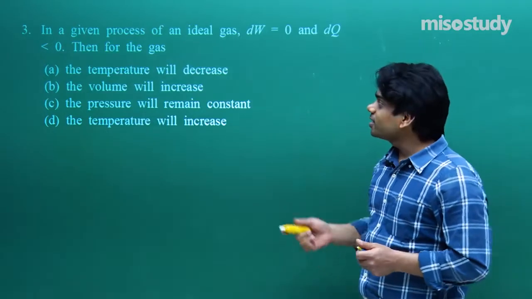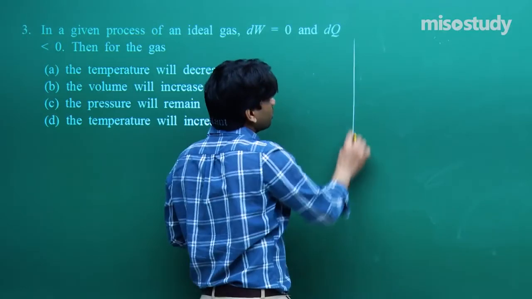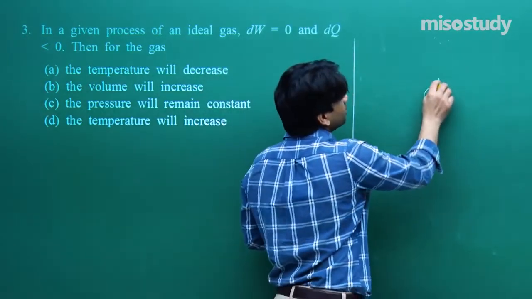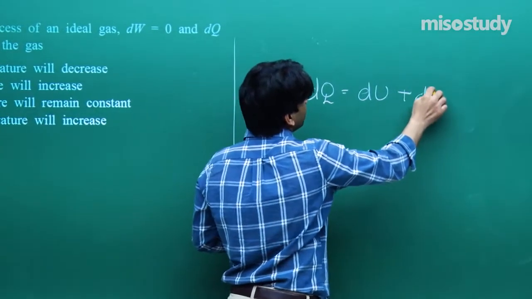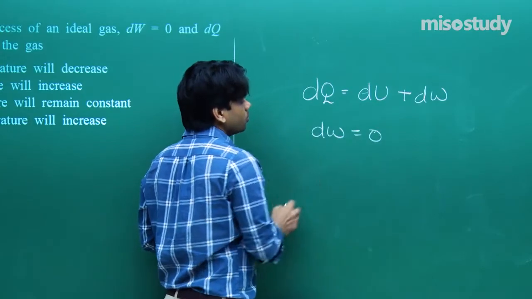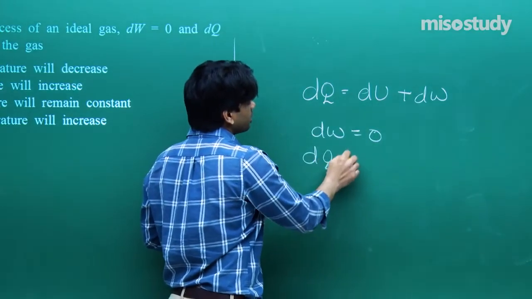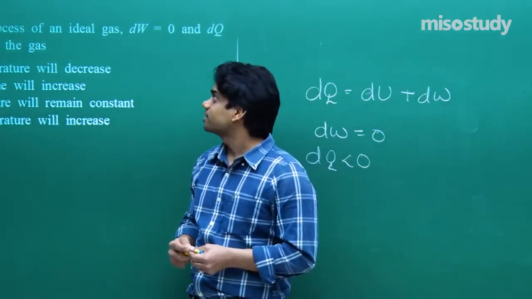First of all, let's use the concept of the first law of thermodynamics. The first law of thermodynamics says that dQ is equal to dU plus dW. Now dW is 0. Given that dQ is less than 0, that means heat will not be supplied, rather it will be extracted from the gas.